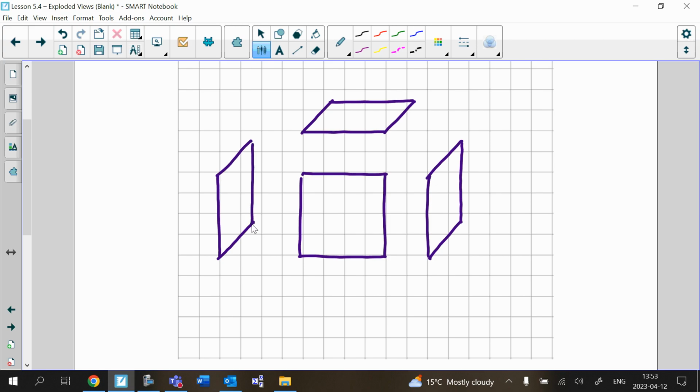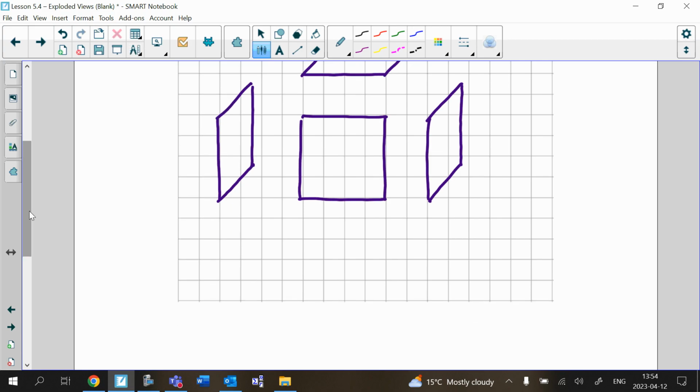All it has to do is match up with these 2 faces when I put it back together. For the bottom, start wherever you want. Could start down here, go 1.5, 1.5, like that. That's a little bit far away, but still correct.